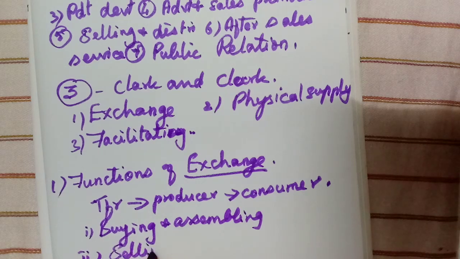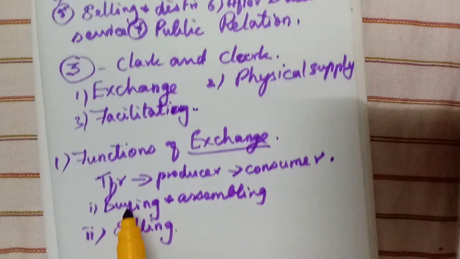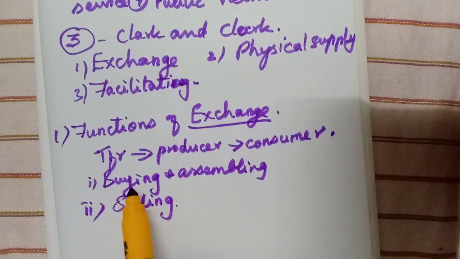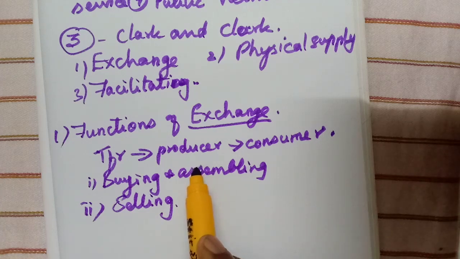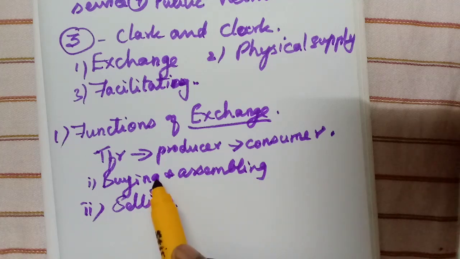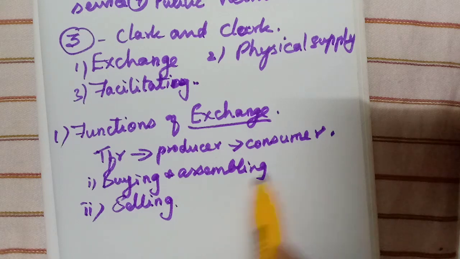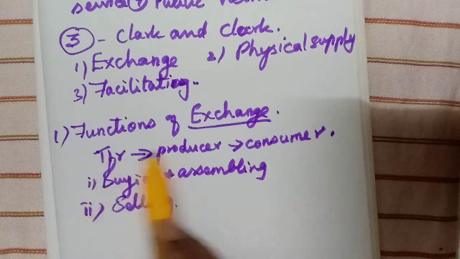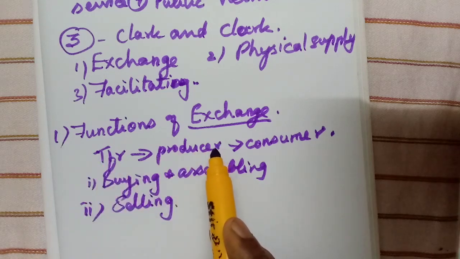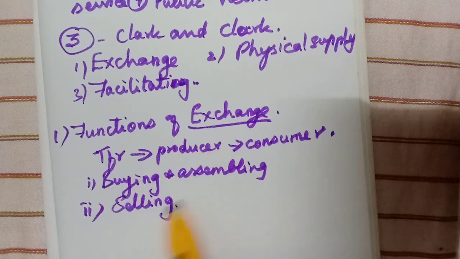For example, a producer or one trader will buy some goods, and he will assemble the same and keep it ready for selling. Then he does the actual selling. So that is functions of exchange: buying the things, assembling them and selling.